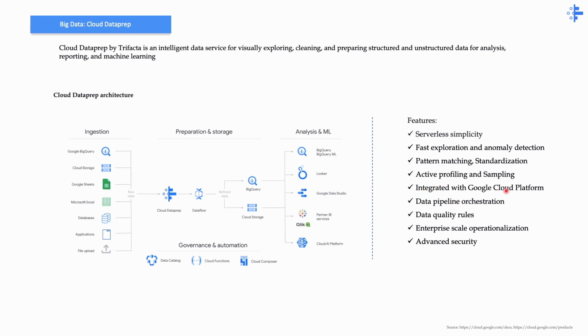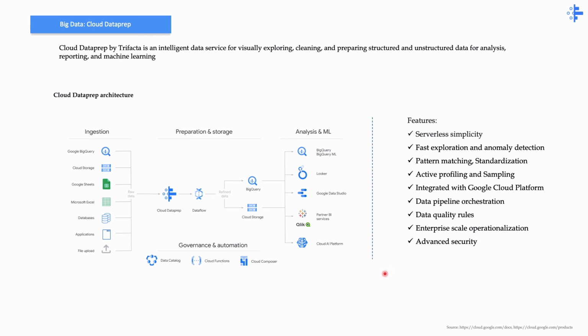It integrates with Google Cloud Platform. It does the data pipeline orchestration, and we saw this example for Dataflow, picking it from Cloud Dataprep and pushing it to other services. Data quality rules, again, data quality is a very important part of cleaning the data, enterprise scale operationalization, and advanced security.